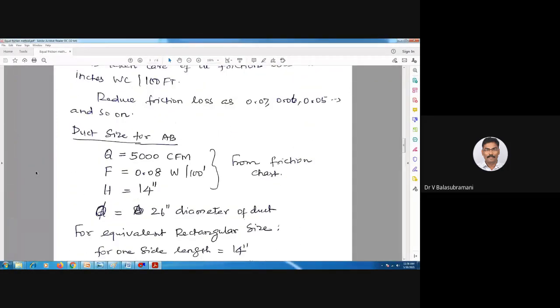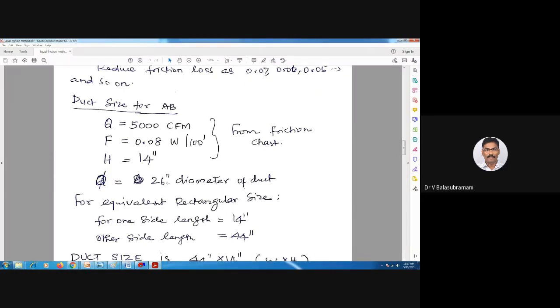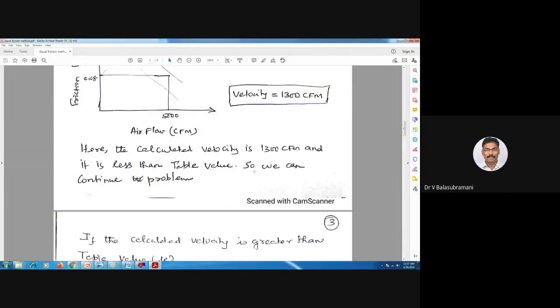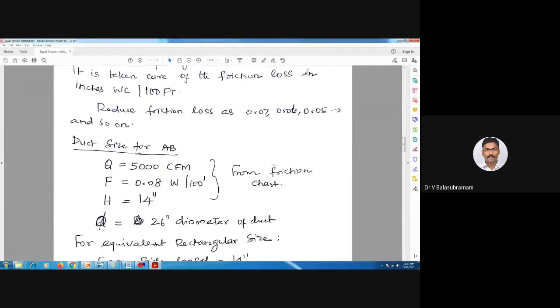Now the duct size: Q is equal to 5000, F is equal to 0.08 inches of water column per 100 feet. From the friction chart, I have calculated the equivalent diameter is equal to 26. The height of the duct is given as a constraint, 14.